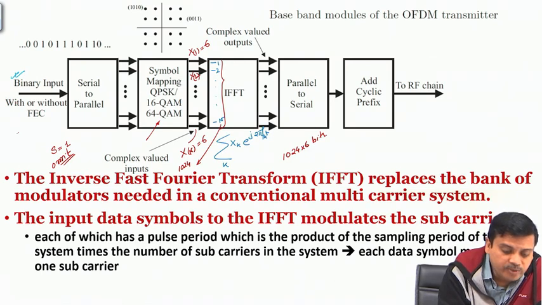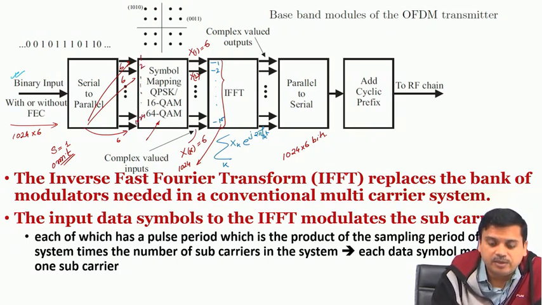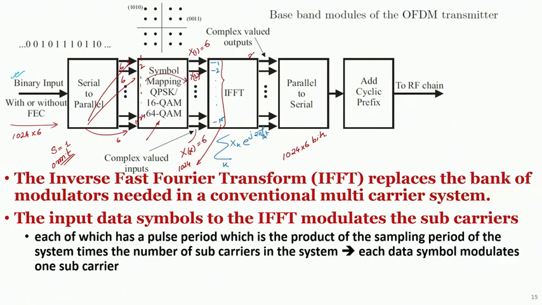So, 1024 multiplied by 6 bits have to be read, and they have to be sent 6 bits to each of the branches, and there will be 1, 2 up to 1024 such branches. They will be doing a symbol mapping, feeding into the IFFT, and here we are going to get the output small x of 1, small x of 2 up to small x of N minus 1, and finally we are going to get small x of capital N, N number of samples.